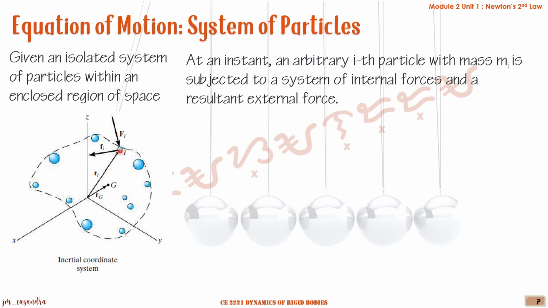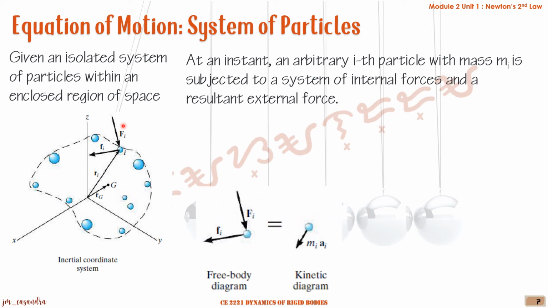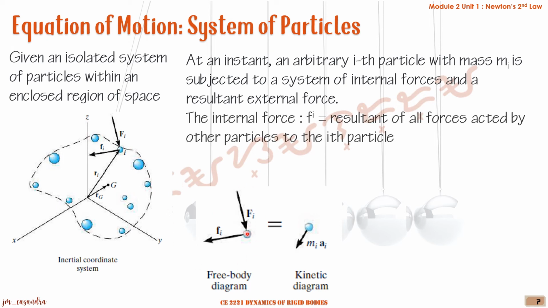So let's say we have this one. This particle i will have mass mi, which will be subjected to a system of internal forces and a resultant external force. So take note that for this i, palakihin natin, this is subjected to an fi, which is a resultant of all the forces acting on the particle by the other particles.